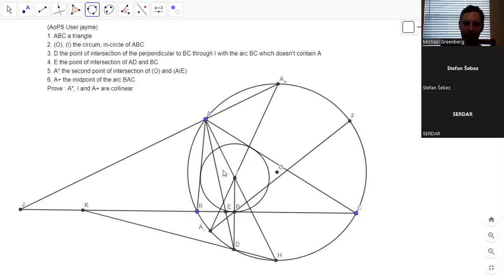Is that right? Yeah. So yeah, I think you can use inversion for that.